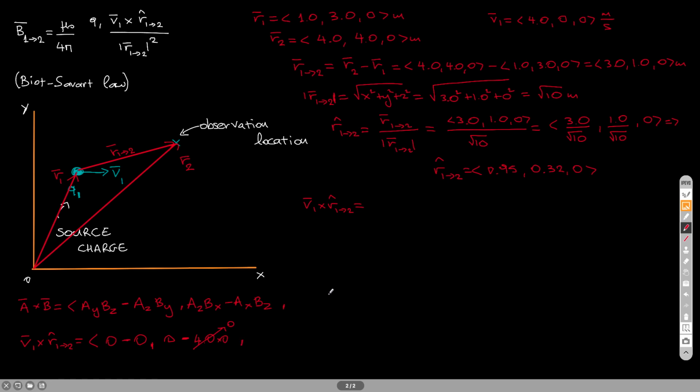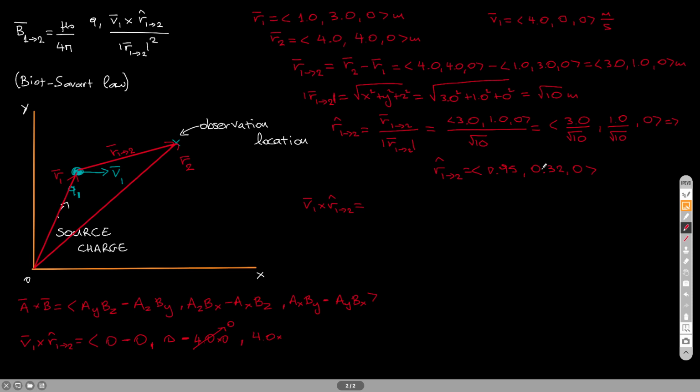And the last one will be Ax by minus Ay bx. Let's take a look. The x component of A means I need to use the x component of V, so that is 4 times the y component of B, and B corresponds to R hat.